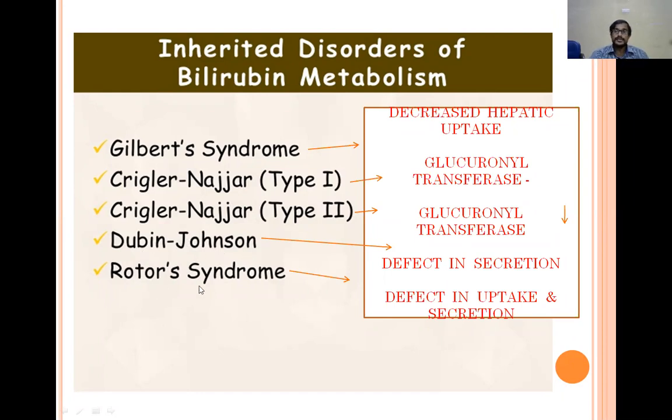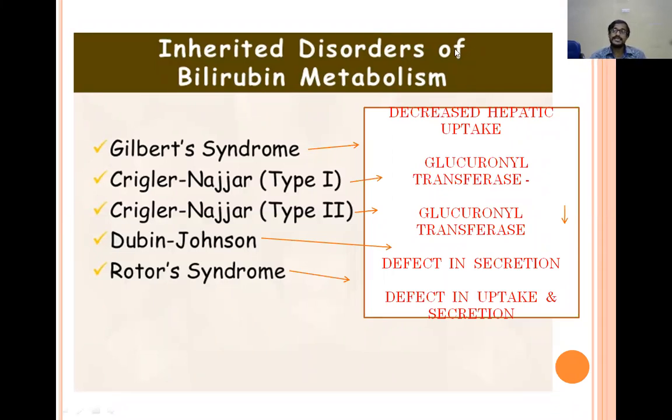In all these there will be a defect. There are different defects: decreased hepatic uptake, defect in glucuronyl transferase, defect in secretion, and defect in both uptake and secretion. These are defects at different steps in the degradation and excretion of bilirubin, which occur hereditarily or congenitally and lead to different types of hyperbilirubinemias.